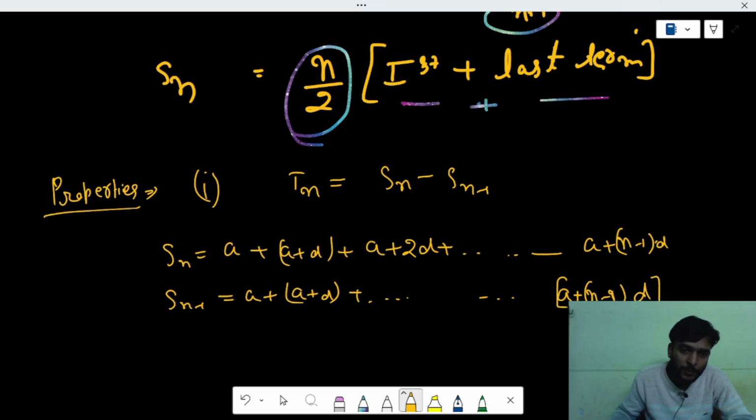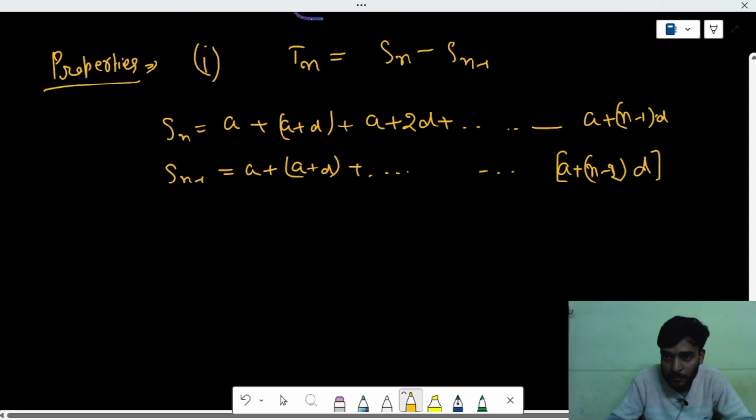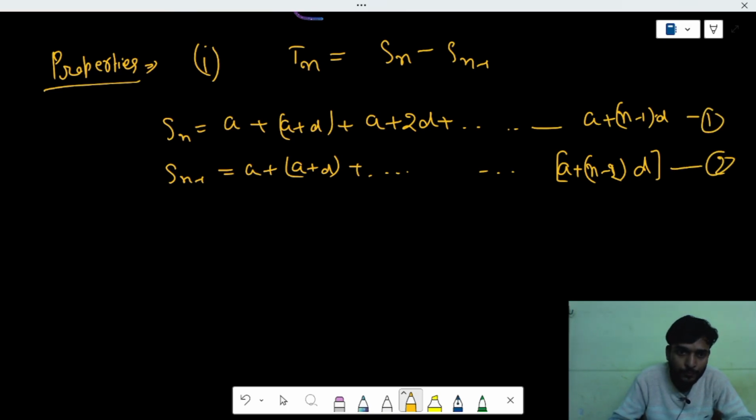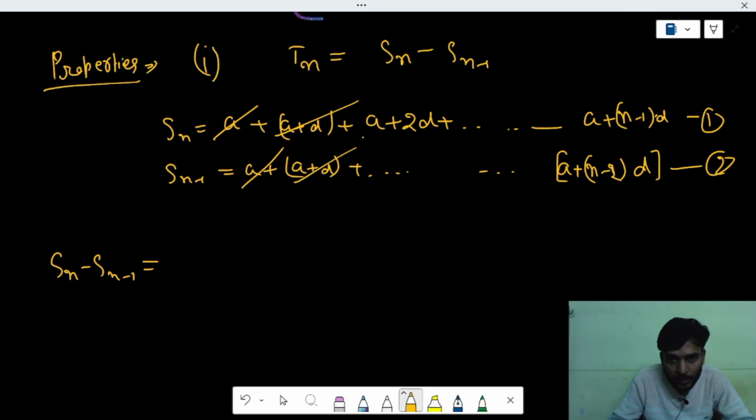We can subtract equation 2 from equation 1. Every term will cancel: a cancels with a, a plus d cancels, similarly a plus 2d cancels, and the only remaining term is a plus (n minus 1) into d, since the rest up to a plus (n minus 2) into d are cancelled.